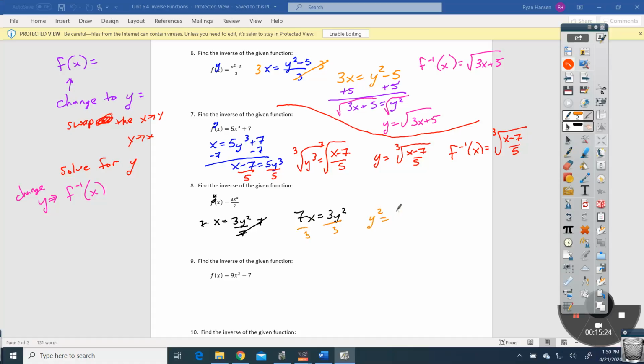Now y squared equals 7x over 3. To get rid of the squared, we take the square root of the whole thing, not the top, not the bottom, but the whole thing. So y equals the square root of 7x over 3. My last step is to change y back to f negative 1 of x equals the square root of 7x over 3. So that's the inverse.